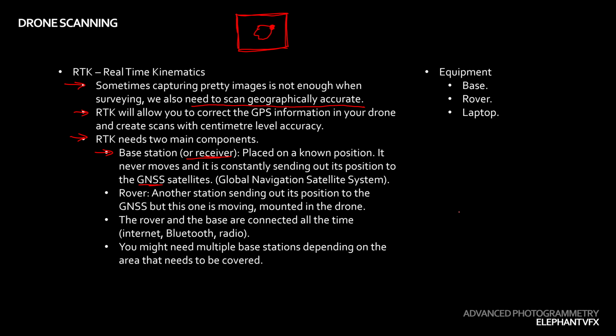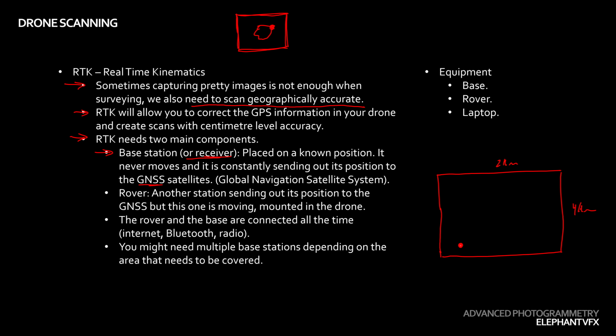All right, so let me draw something here. Again, this is a huge terrain. Let's say this is 2 kilometers by 4 kilometers, whatever. So we need a base station or receiver. So we would take our base station and we would place it, let's say, here. Okay, so this is our base station.